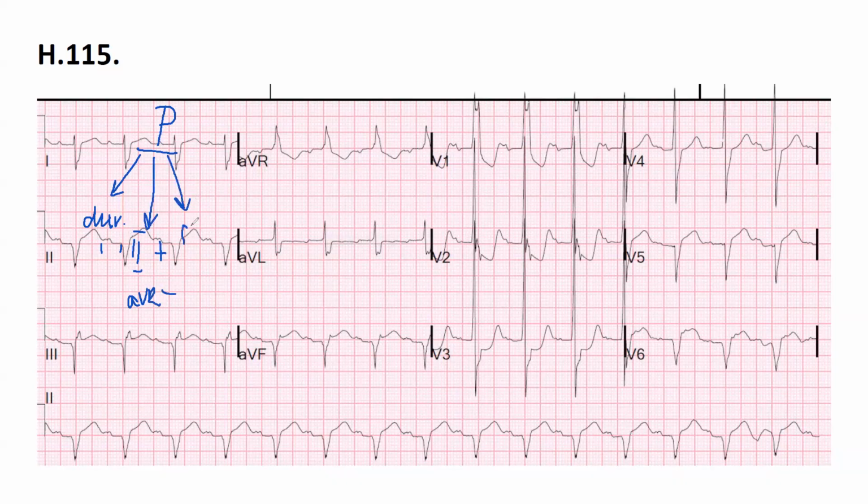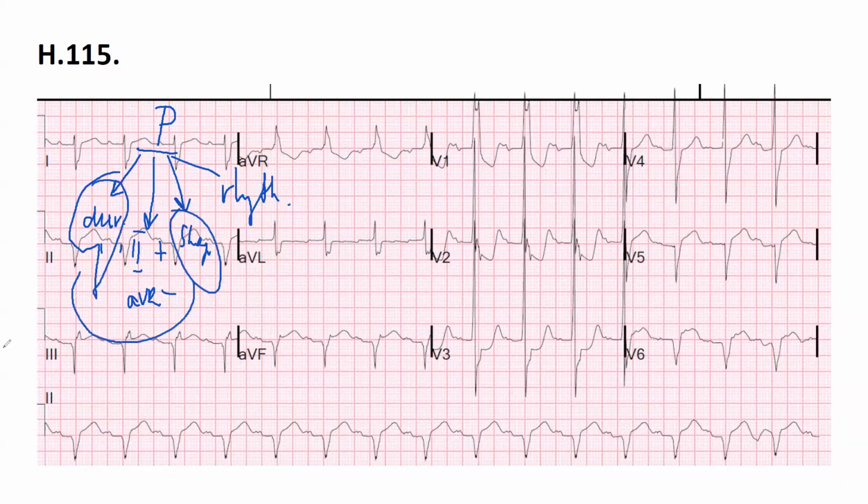Then the shape, and another one, the rhythmicity. Duration and the shape can give you the sign of hypertrophy. Yes? Okay? Whether the depolarization is good or not, so it's coming from right to left, this is the sinus. You can say that it's sinus.